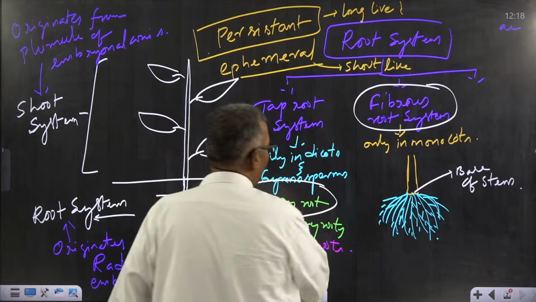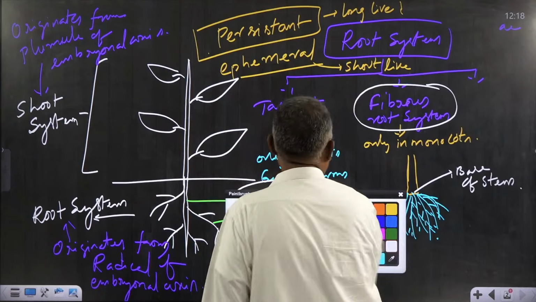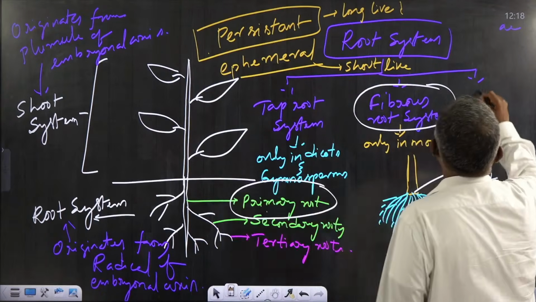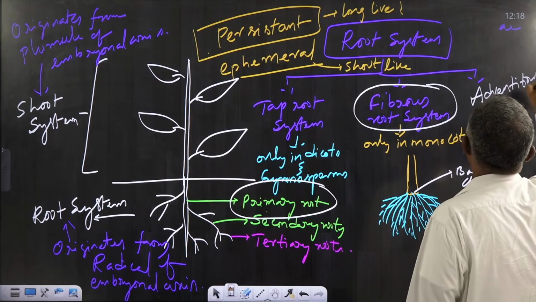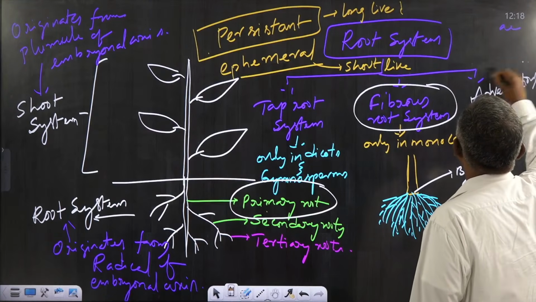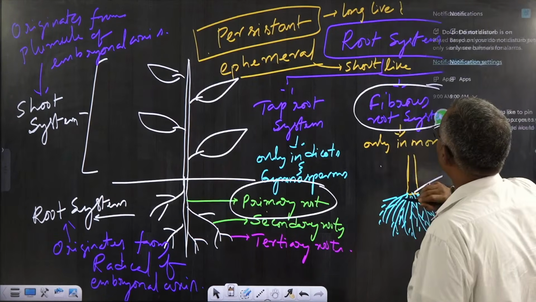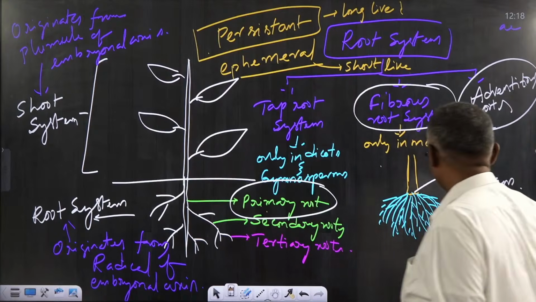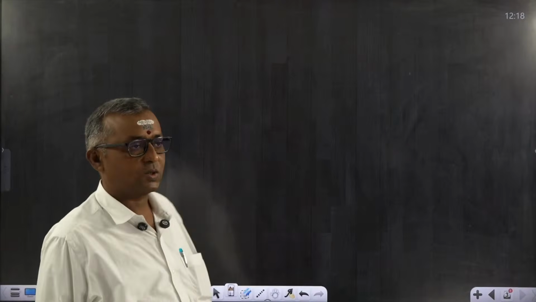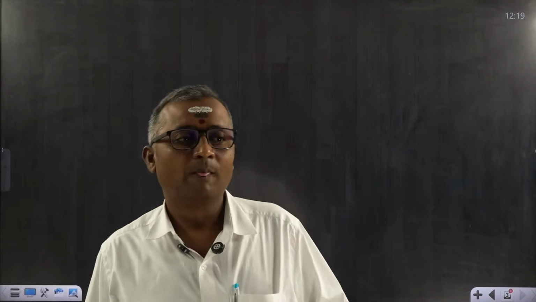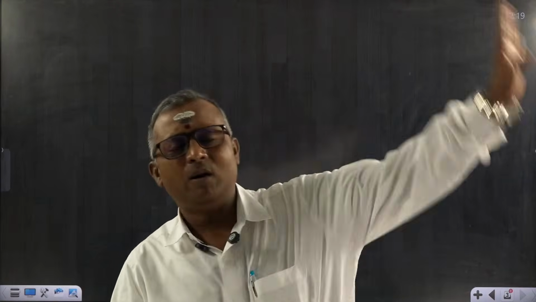Next, one more important thing: some plants have adventitious roots. Remember, adventitious roots. Let me tell you what adventitious roots are. Adventitious roots are roots formed from any part of the plant other than the radicle. Be clear.